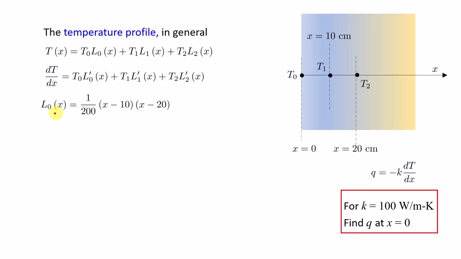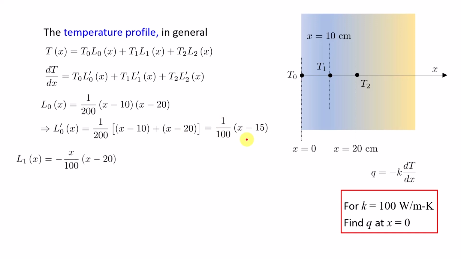So this is my L0(x) = 1/200 (x minus 10)(x minus 20). If I take the derivative, it will come as 1/200 [(x minus 10) plus (x minus 20)], which equals 1/100 (x minus 15).